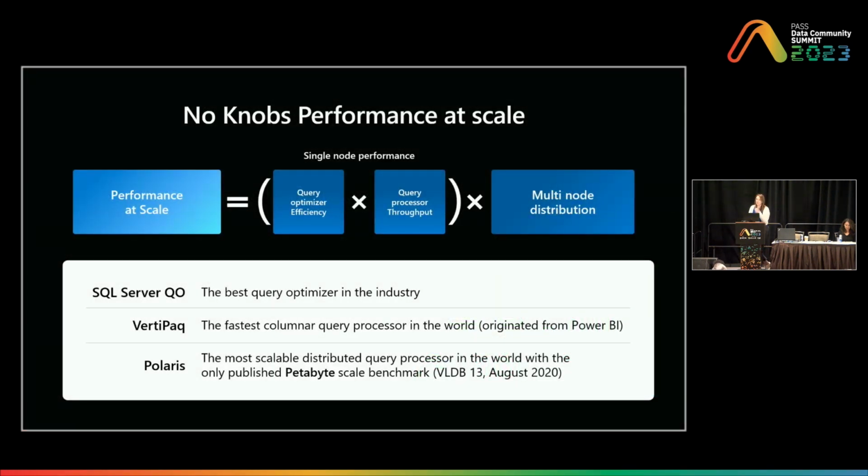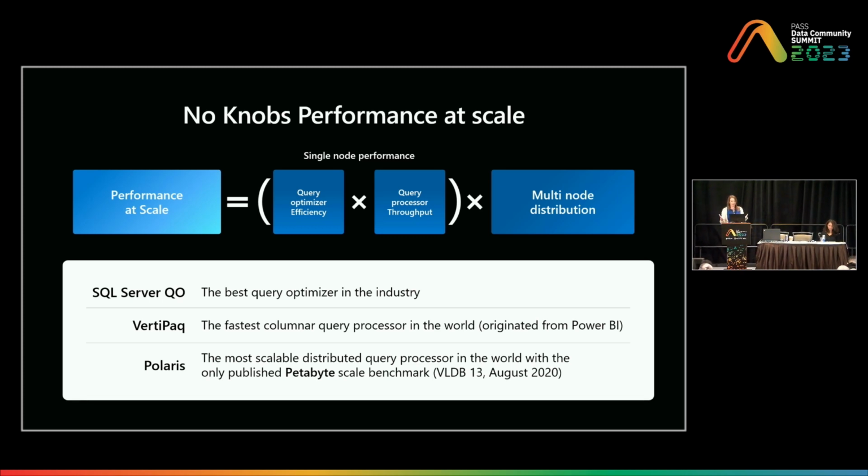So no knobs performance. Let's talk about what we mean by performance at scale and how we accomplish this. Let me remind you that we have been in this business for a very long time. When it comes to query optimization, we have a very mature query optimizer that has been time tested, and you have probably used it plenty of times in a lot of our product offerings.